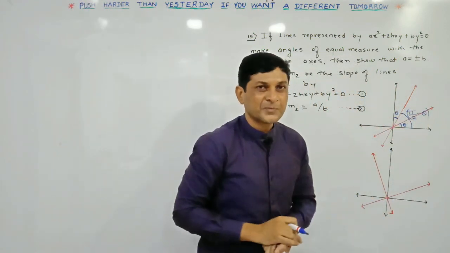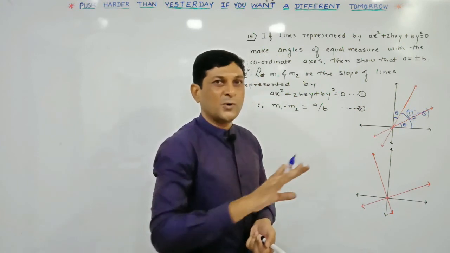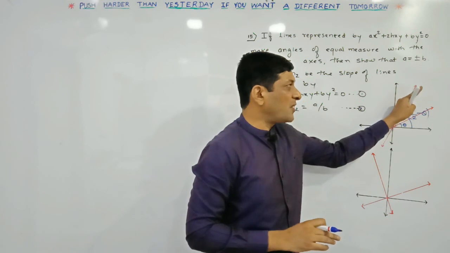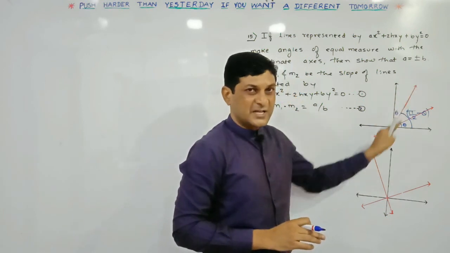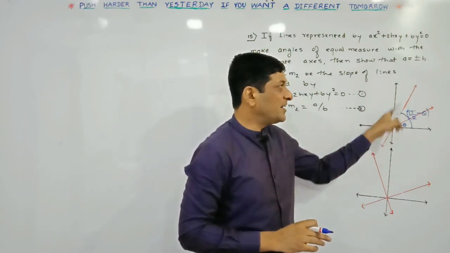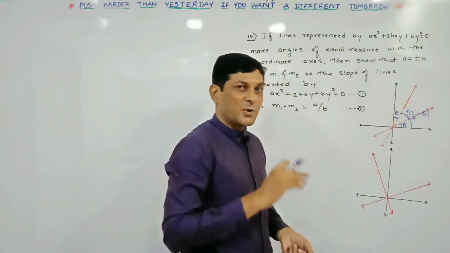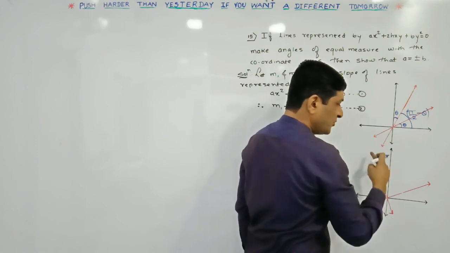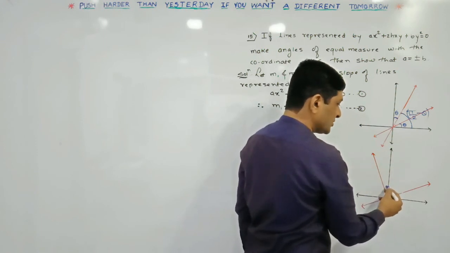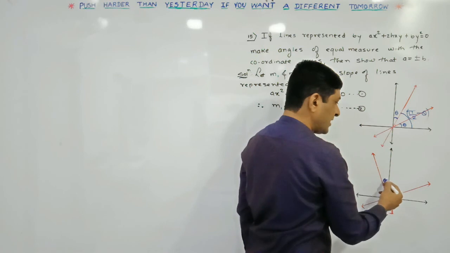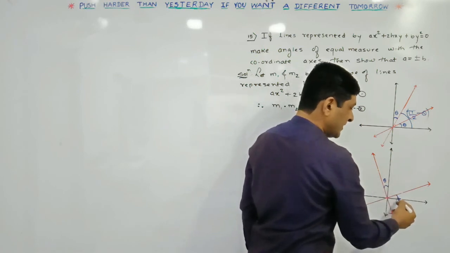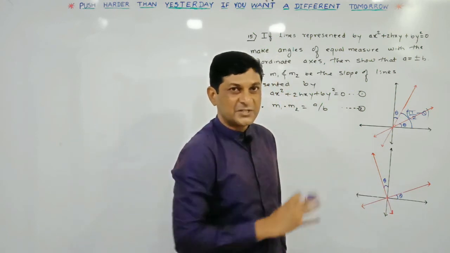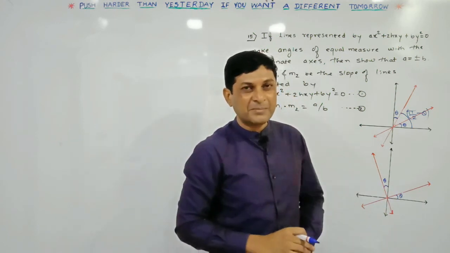Is it clear? Now again, two possibilities are there. It may be possible that this line lies in the first and third quadrant and makes angle theta with the y-axis. Or, the second possibility, it may be possible that this line lies in the second and fourth quadrant and makes angle theta with our y-axis, and the angle made with the x-axis is theta. So again both conditions in the example are satisfied.